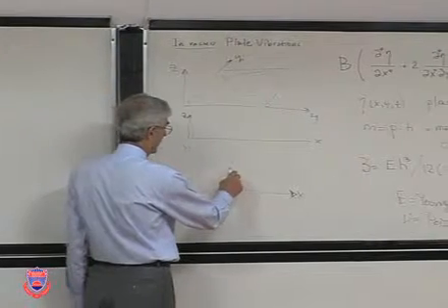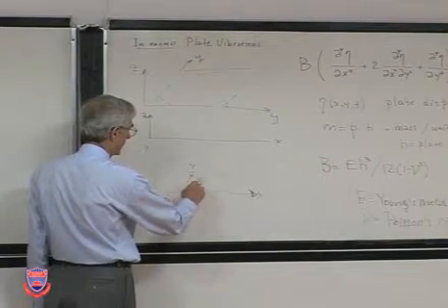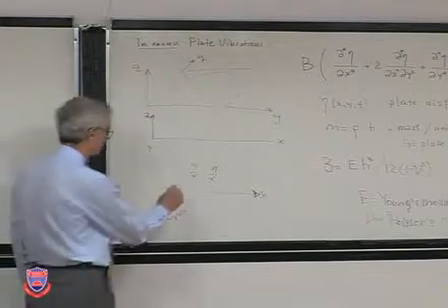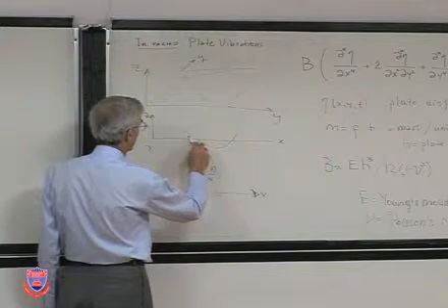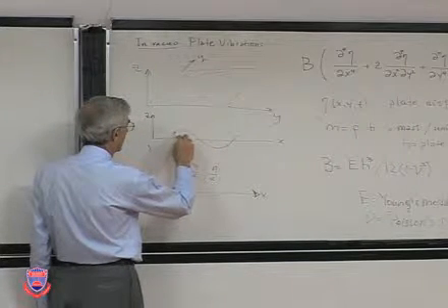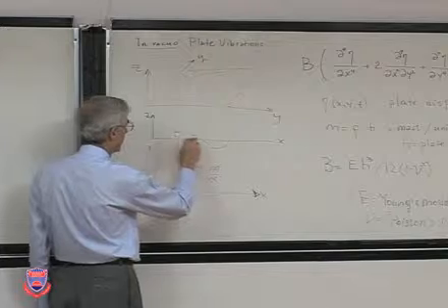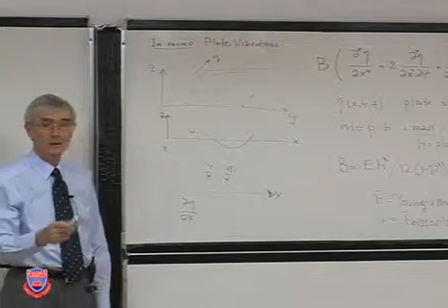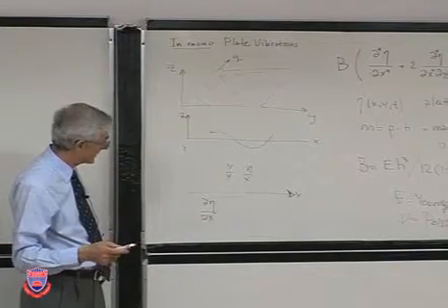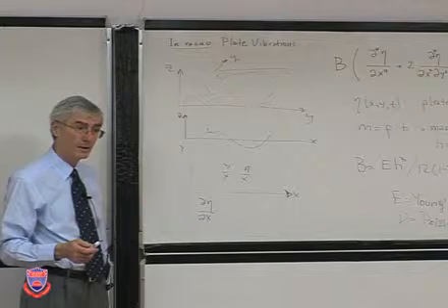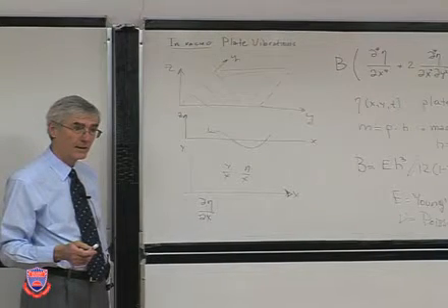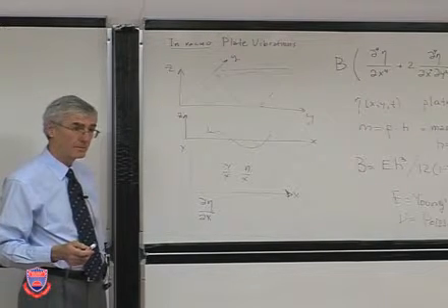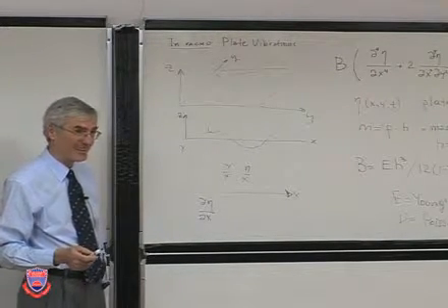If you have eta over x, this is a displacement, and if you take the displacement with respect to the coordinate, it's a strain, it's a slope. Make up your mind, okay?